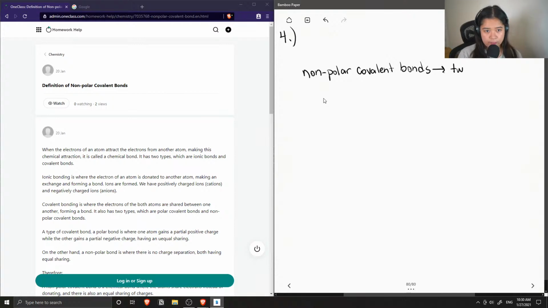This is when two atoms have equal or similar electronegativity values.